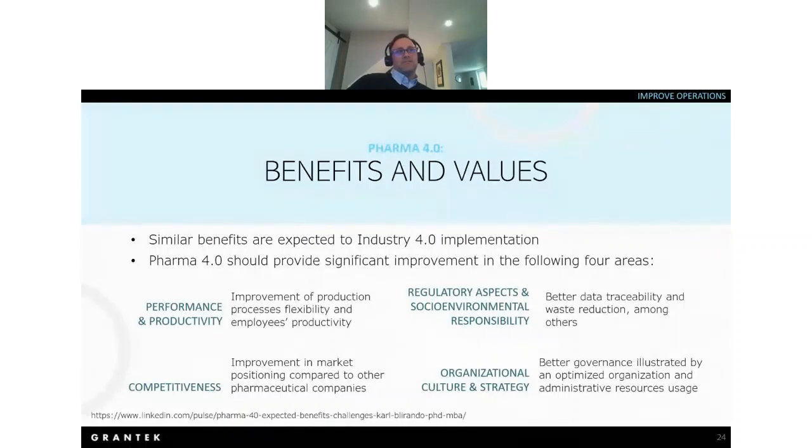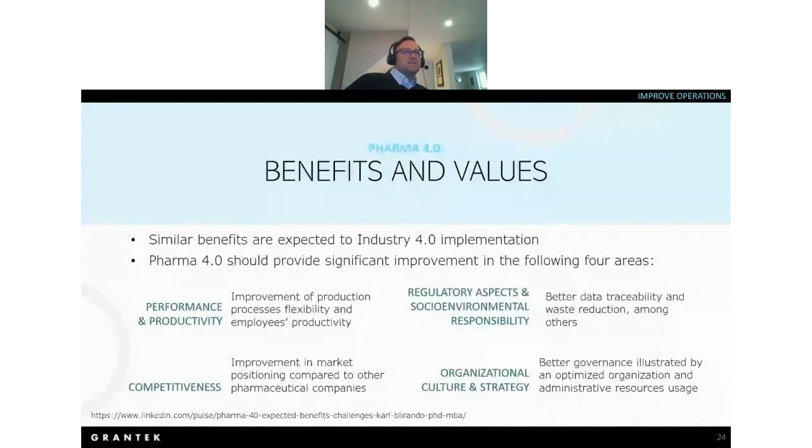Overall, 4 distinct areas have been identified as to where Pharma 4.0 can provide significant improvement. These are performance and productivity, improvement of production processes, flexibility, and employee productivity. Competitiveness, the improvement in market positioning as compared to that of other companies.